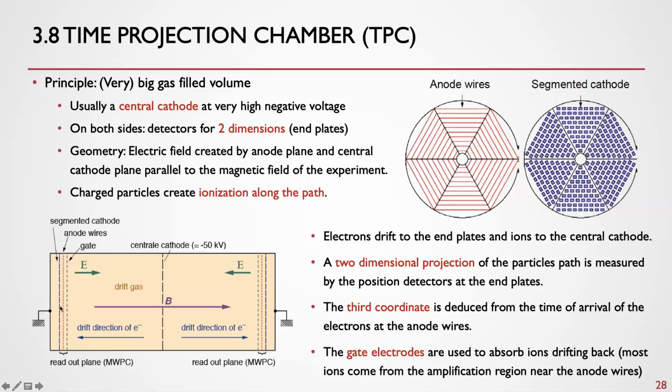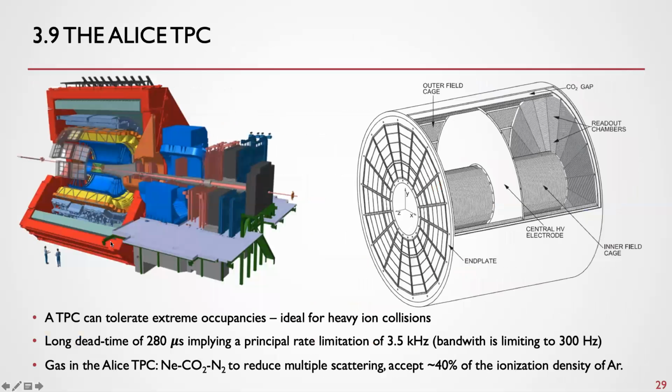And then you close the gate to absorb the ions from the avalanches that appear at the anode wires. It's a miracle that such a thing actually can be successfully operated.